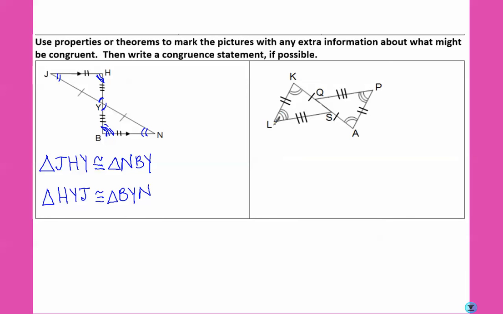So let's look at triangles LKS and triangle QPA. I know that all the sides match up. I know that 2 of the angles are congruent to each other, which means angle S and angle Q are congruent due to the third angle theorem.